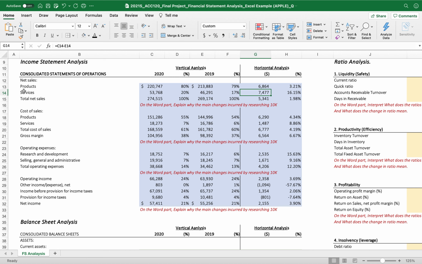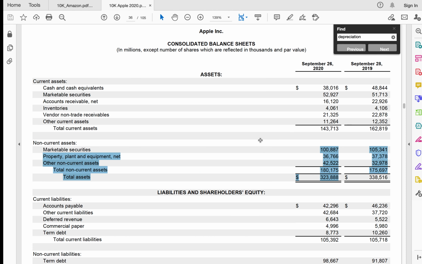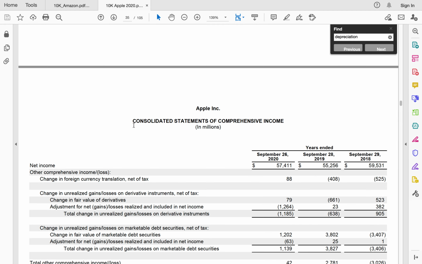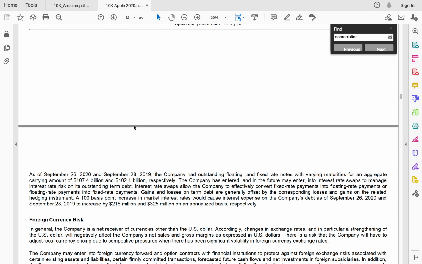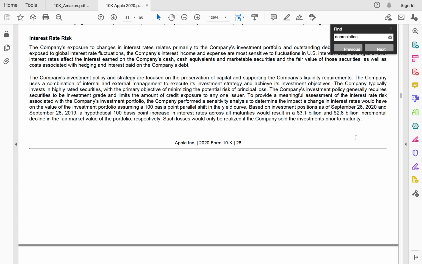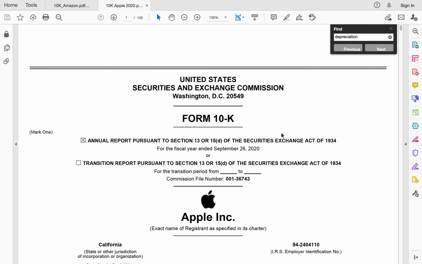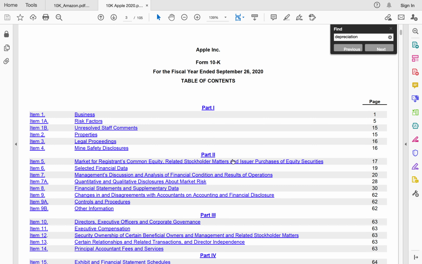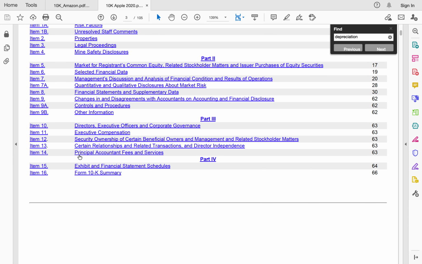So you can analyze the company's business strategy, which product or services they have focused on more, by analyzing horizontal analysis, right? So you can also visit the 10K, where I strongly recommend you to read the notes and the management discussion and analysis.